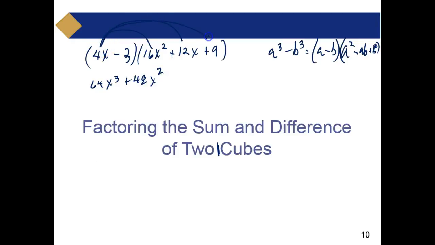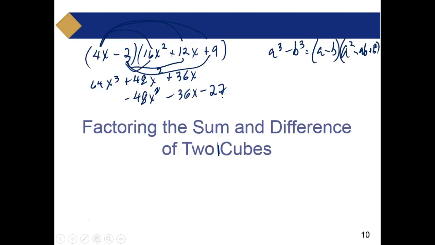And then the first times the last, plus 36x. Now do the second times the first, and you get a minus 48x squared. Second times the second is minus 36x. And second times the last is minus 27.